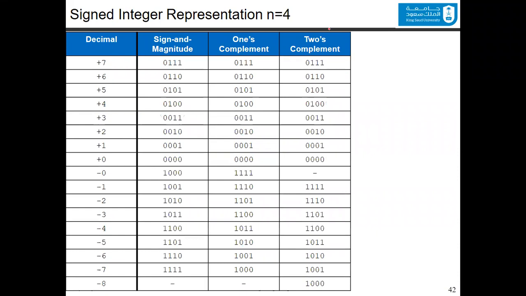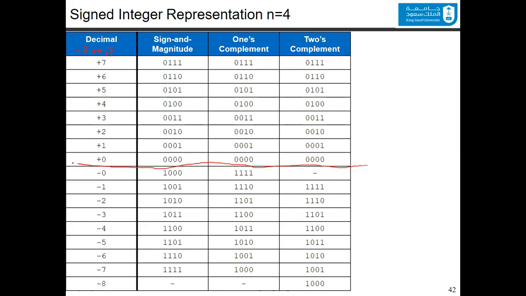If you have the number of bits n equal to 4, same idea, but the table now is bigger because you have many numbers, and the numbers now spanning from -8 to +7. As an example, I'll take one example.